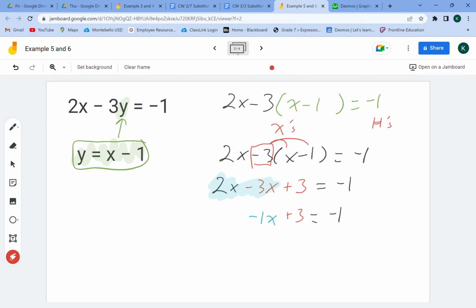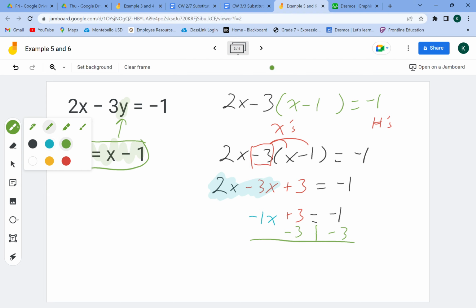I want to move this term over to the other side because I want the x's on the left, the numbers on the right. So I'm going to do the opposite of addition, which is subtraction, because that'll make it a 0. Whatever I do to one side of the equation, I must do to the other side. This makes a giant 0, so that's gone, and I'm just left with negative 1x equals 2.